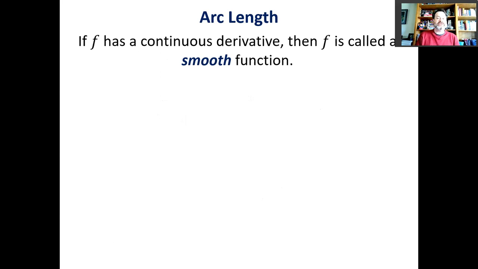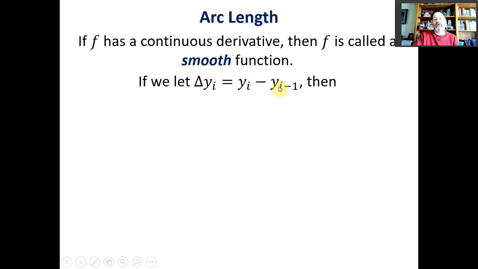In order for us to use this distance formula, our original function has to have a continuous derivative. So when you take the derivative, it can't have any discontinuities. If that happens, the function is called smooth. Now we're going to set up the change in yi. That's just the difference yi minus y(i minus 1).